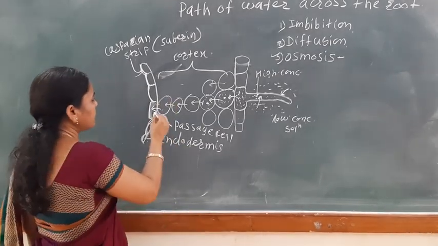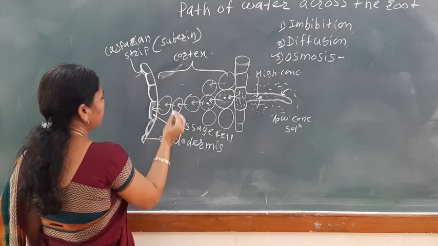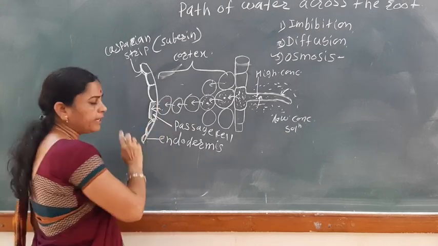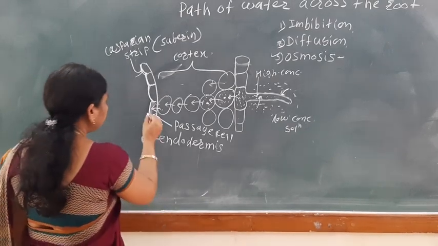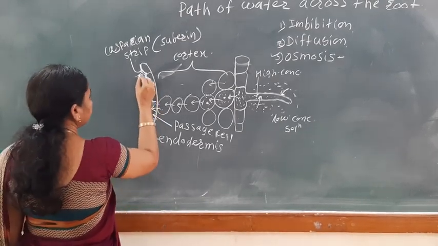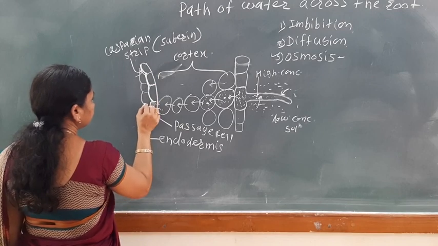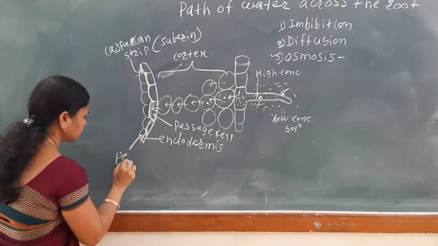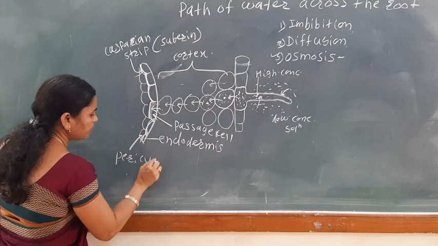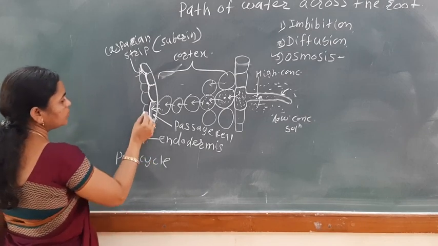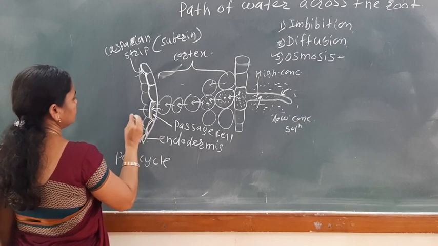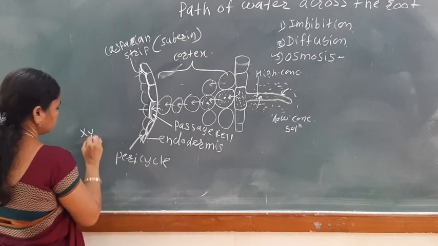Due to this hydrostatic pressure, the water passes only through the passage cells, not all the endodermis cells. When it passes through the passage cell, it comes to the pericycle layer, and through this pericycle layer the water enters into the xylem.